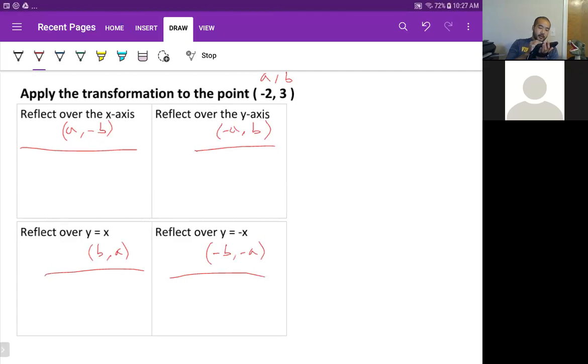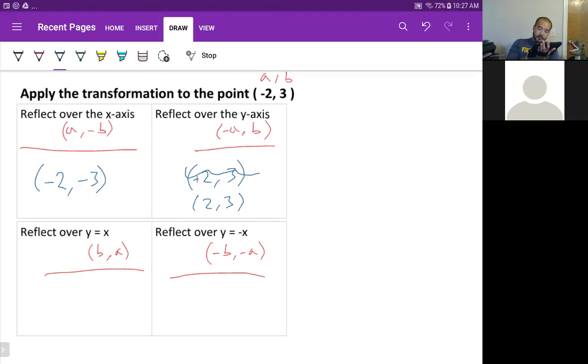Okay, so your answers. Reflect over the x-axis: -2 stays the same, you change the sign of the other one. You change the sign of -3, so that's actually +3, giving -2, 3. Don't enter that in the answer box.